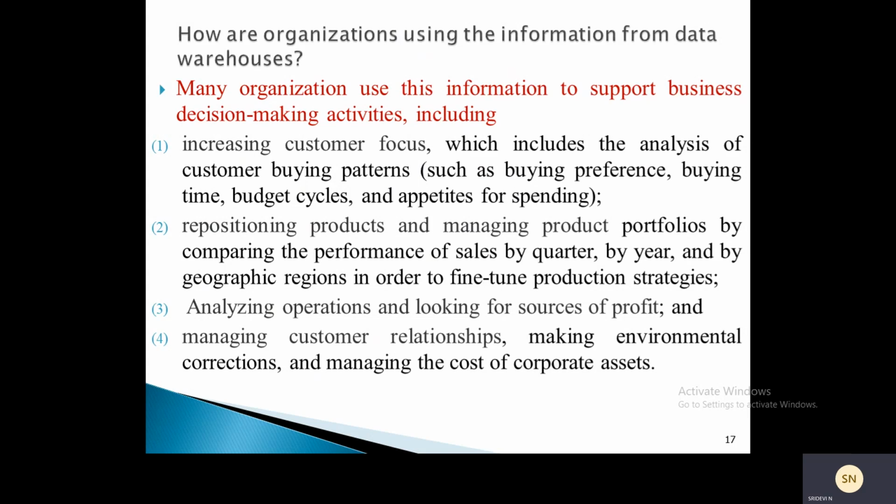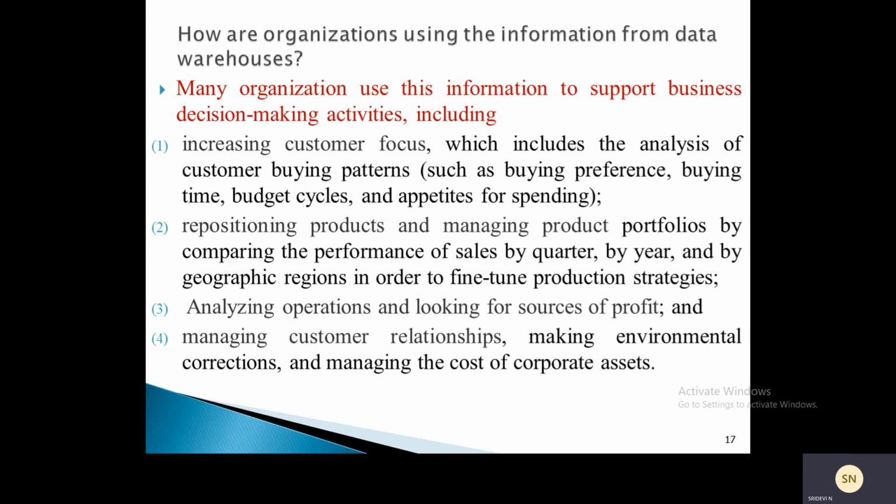So how do they reposition products and manage portfolios? By comparing the performance of sales. Usually they are compared by quarter, by year, or by geographic region in order to fine tune production strategies. They also analyze operations and look for sources of profit, and they try to manage customer relationships, make environmental corrections, and manage the cost of corporate assets.